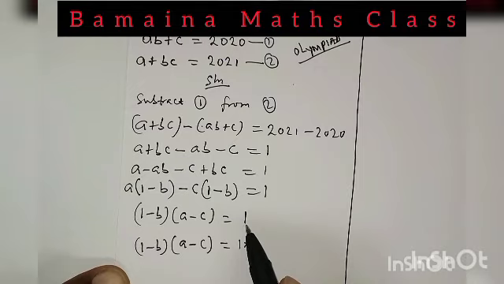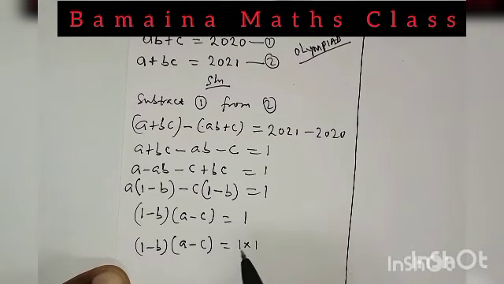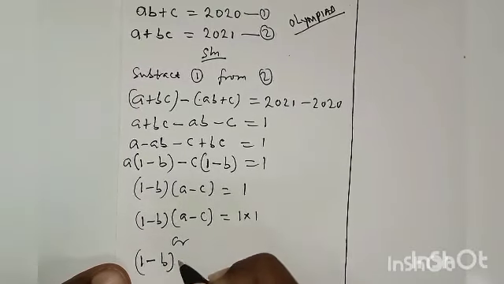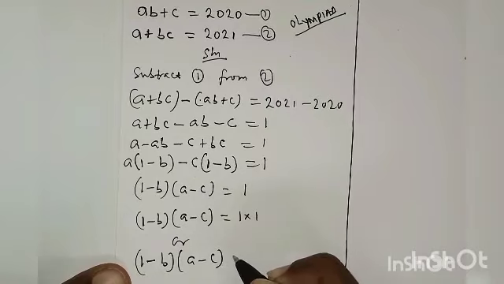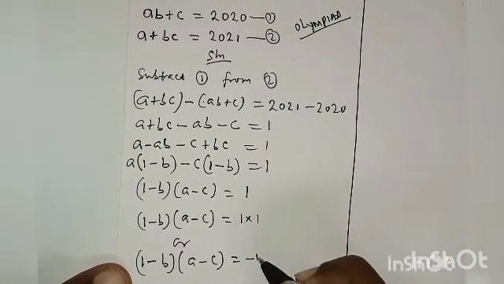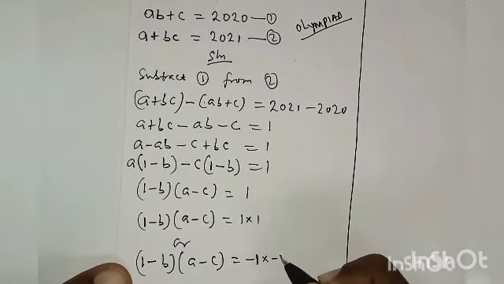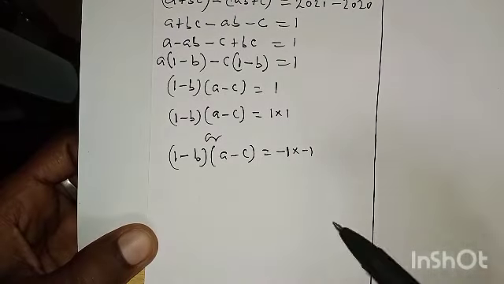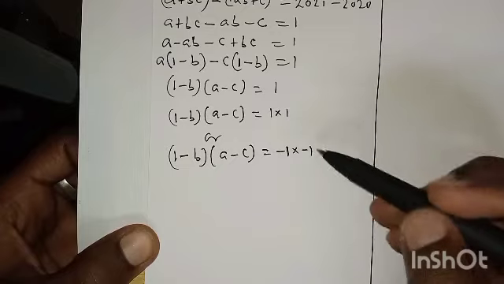And we are talking about integers. The only integers that can give you 1 is 1 and 1. Or 1 minus B into A minus C will give you minus 1 times minus 1. So now let us consider the two cases one by one.